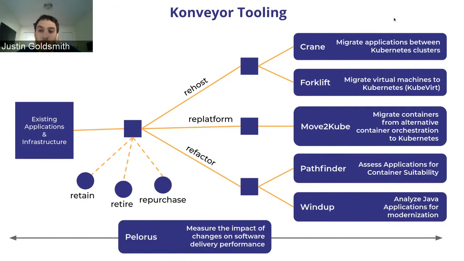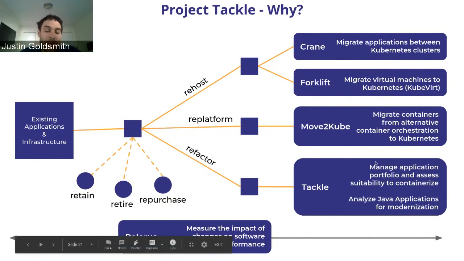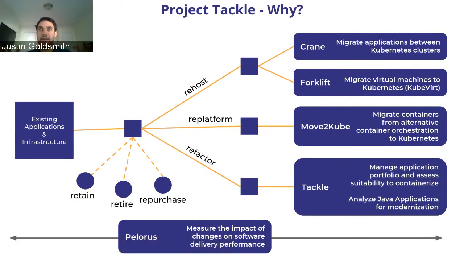And then Crane, which is a tool for moving applications between Kubernetes clusters. If you're running on standard Kube and you want to move to OpenShift, or even if you're upgrading from OpenShift 3.11 to 4.6, Crane can be helpful there. Windup, or Migration Toolkit for Application, and Pathfinder are being merged under Project Tackle now, a new community name that encompasses both of those tools and will eventually grow beyond that.